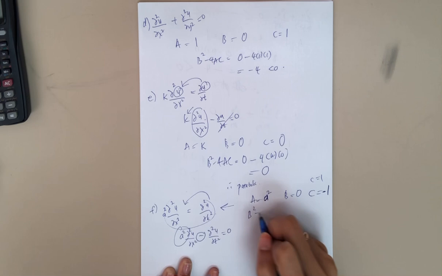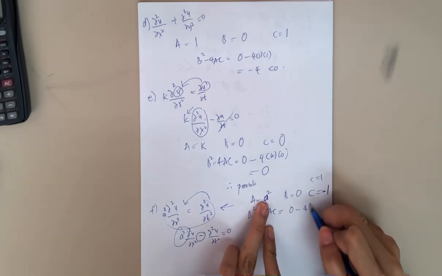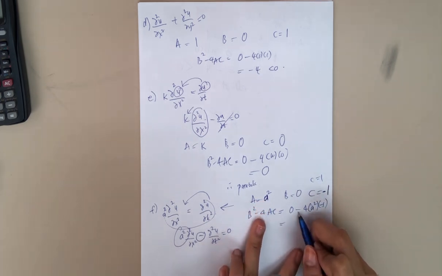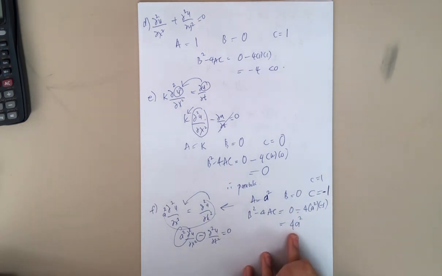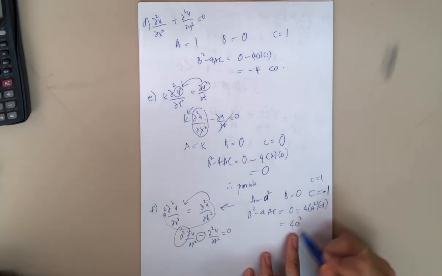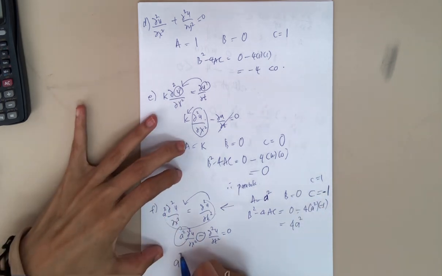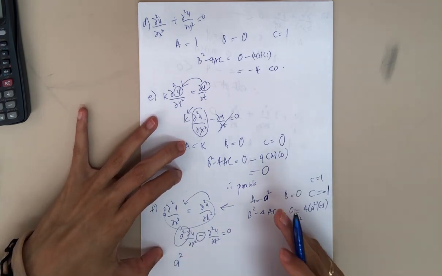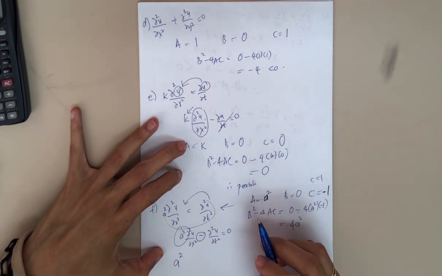Okay, so B square minus 4AC equal to 0 minus 4. Your A just now is A square, and your C is -1. So negative times negative, so positive. So 4A square. How can we know that it is elliptic, parabolic, or hyperbolic? Because they have no fixed number here, what we know is that A square, or any number with a power 2, is always positive.